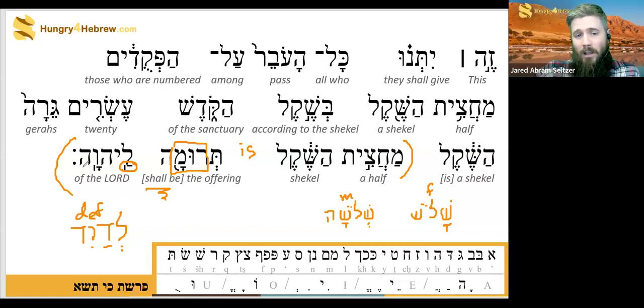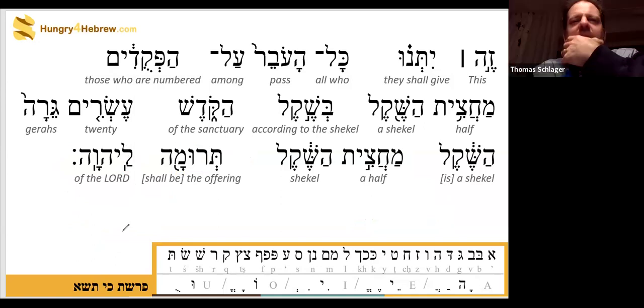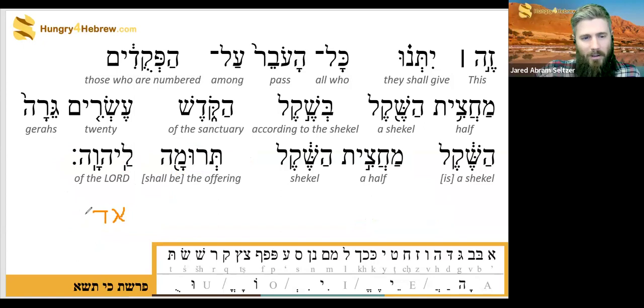All right, so la Donai, the reason that there's a patach here is because of how the scribes tell us we're supposed to pronounce God's name. Let me ask you this. The word Adonai is spelled like this.